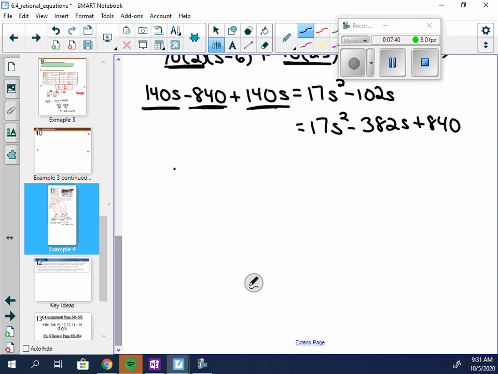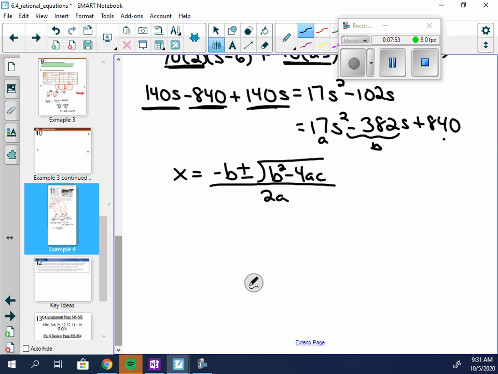Okay? So x equals negative b plus or minus the square root of b squared minus 4 times a times c, all over 2a. And here's your a, this is your b, this is your c. You don't have to memorize this, it's on your formula sheet. So a negative b would be the negative of a negative 382, so that's going to end up being a positive.